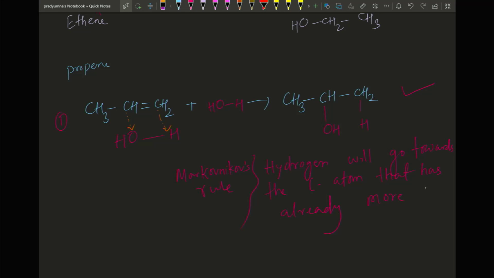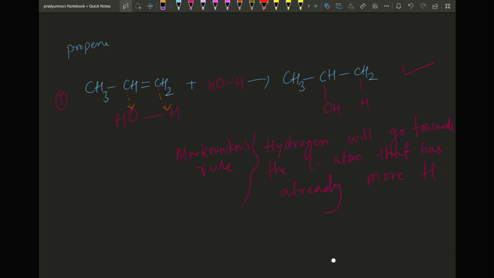more hydrogens. So I know this is not a good example, but when I was in school, I liked to remember that in the world of capitalism, the rich get richer, right? So let's look here. The carbon atom on the right side has 2 hydrogens and this one has 1 hydrogen.